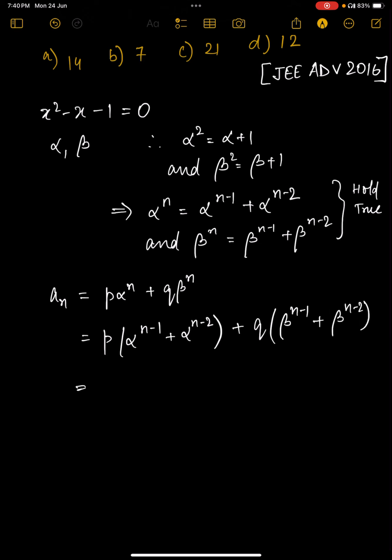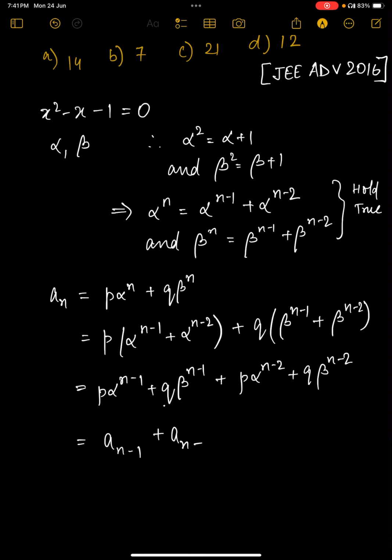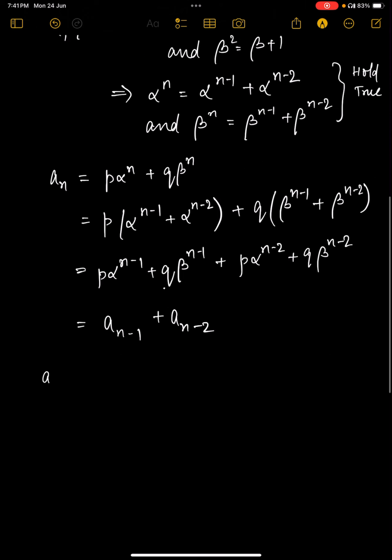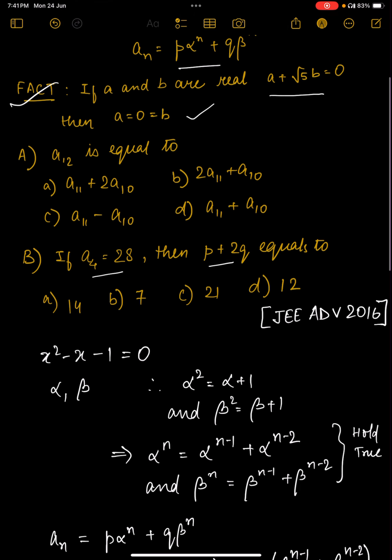A little rearrangement of terms and we have p alpha power n minus 1 plus q beta power n minus 1, plus p alpha power n minus 2 plus q beta power n minus 2. Now this is nothing but a subscript n minus 1 plus a subscript n minus 2. Therefore, when we are asked to find a subscript 12, we can very easily say that it is nothing but a subscript 11 plus a subscript 10. Now, let's see what our option is. So we do see that option D is the correct answer.